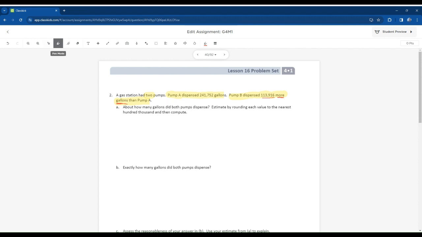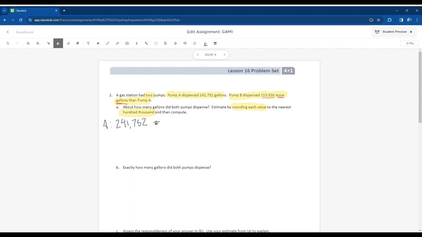That's going to come into play here in a little bit. It says, about how many gallons did both pumps dispense? Estimate by rounding each value to the nearest 100,000, then compute. So we're going to round each value to the nearest 100,000 and then compute. So Pump A, they tell us there are 241,752 gallons dispensed.